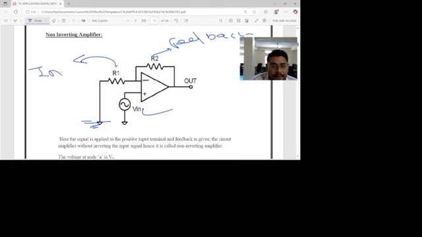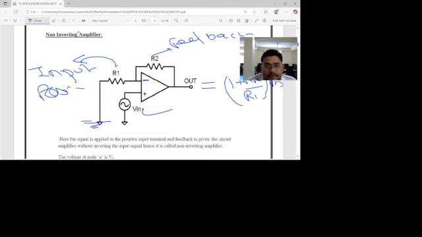So we can write the output directly here: V0 equal to 1 plus RF by R1 into Vin.